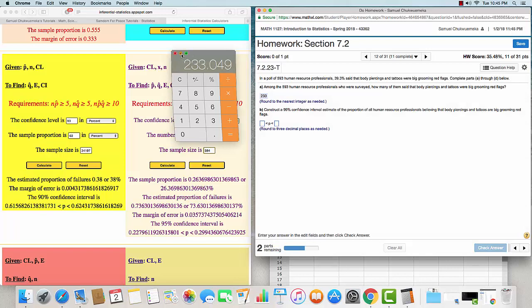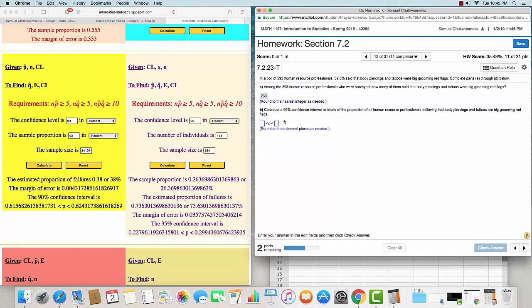All right, I'm gonna minimize this. Construct a 99% confidence interval estimate of the proportion of all human resource professionals believing that body piercings and tattoos are big grooming red flags. Okay, this is my turn to use my calculator.